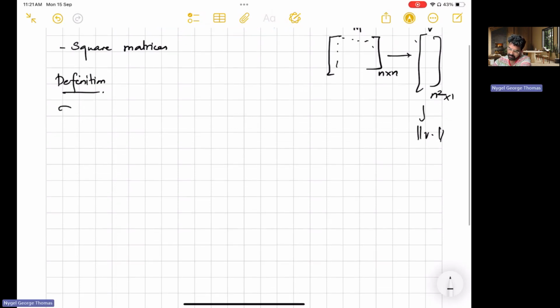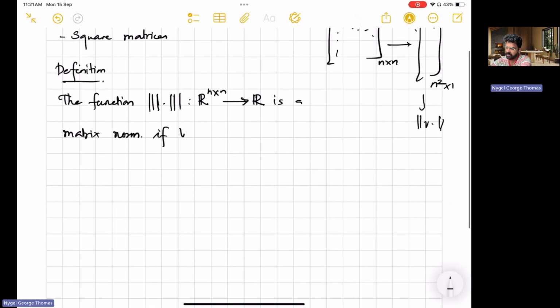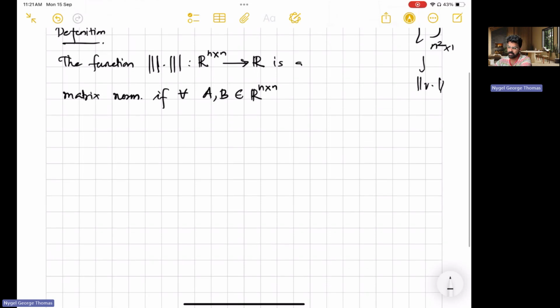For matrix norms, we'll be denoting them using 3 bars. This is a function from R n cross n to R, and it is a matrix norm if for all A, B belonging to the space R n cross n, it satisfies these conditions.